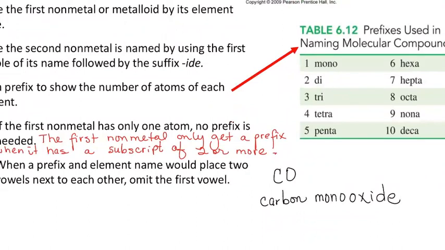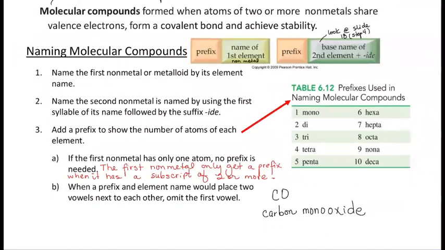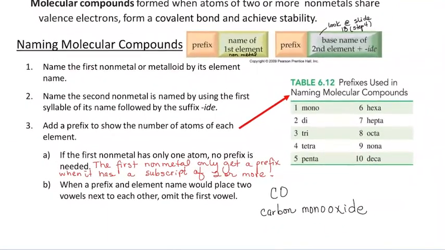As I mentioned to you guys in Rule 3B, when your prefix ends with a vowel and is next to another vowel, understand that this is for the oxides. This is particular for the oxide. It doesn't apply to other things.